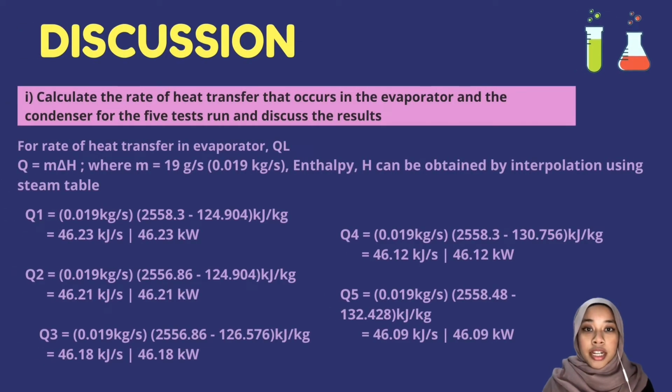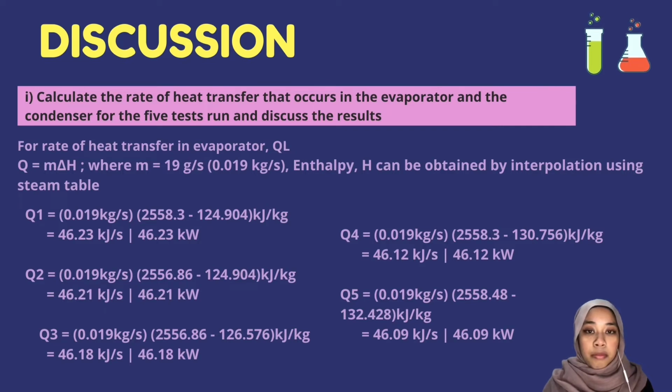The first one is to calculate the rate of heat transfer that occurs in the evaporator and the condenser for the 5 test runs and discuss the results. For rate of heat transfer in the evaporator, QL, we will use the formula Q equals m delta h, where the flow rate of the evaporator for this experiment is constant for all 5 tests, which is 19 gram per second, which we will then convert to 0.019 kilogram per second.